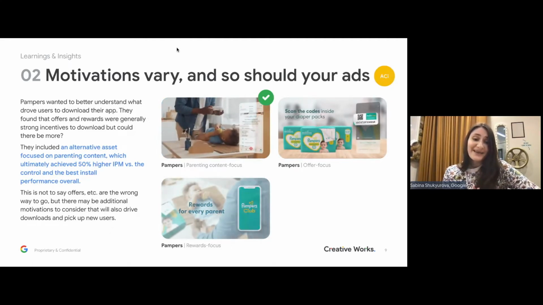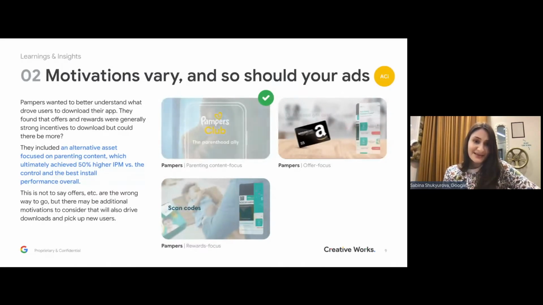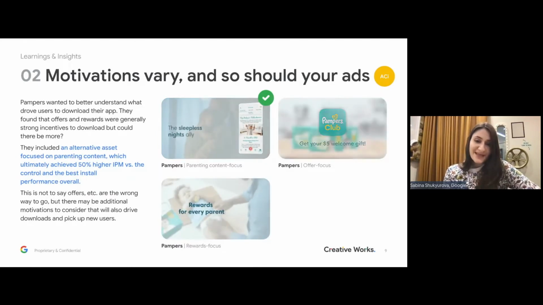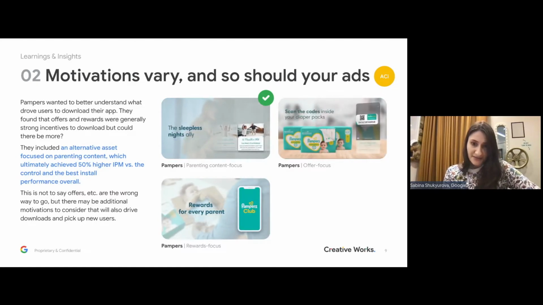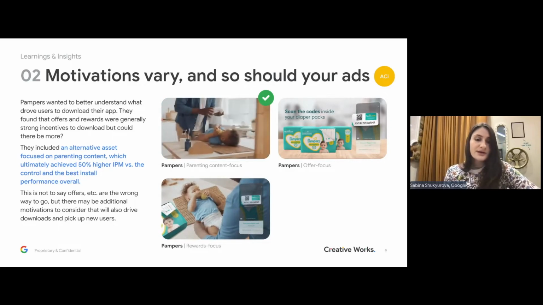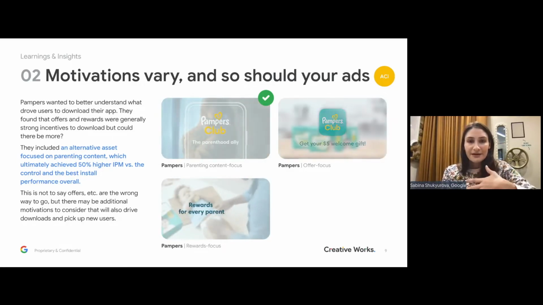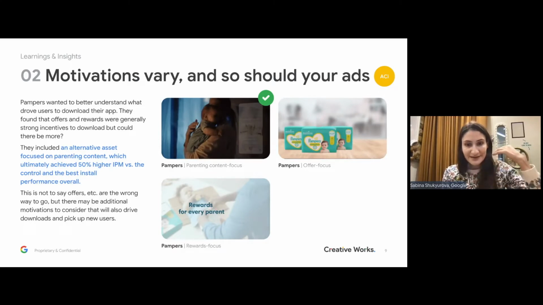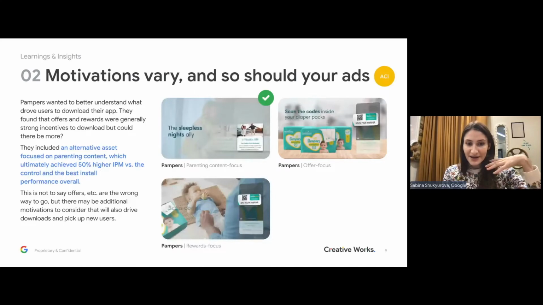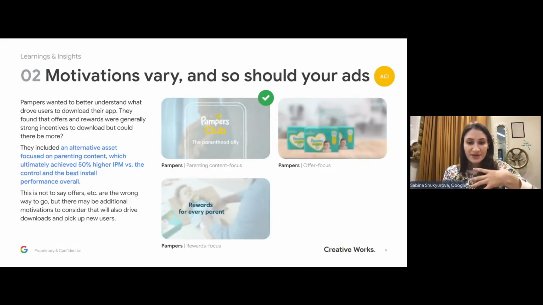But at the same time, they decided to test another video creative, which was focused on parental control, parental content, and surprisingly, it turned out to be the most efficient one.